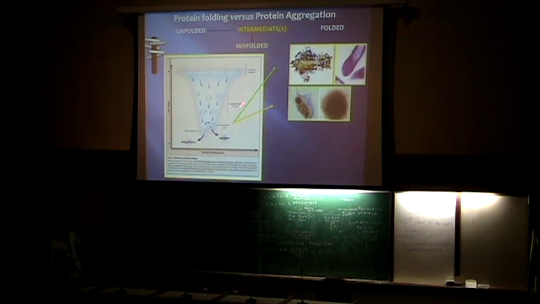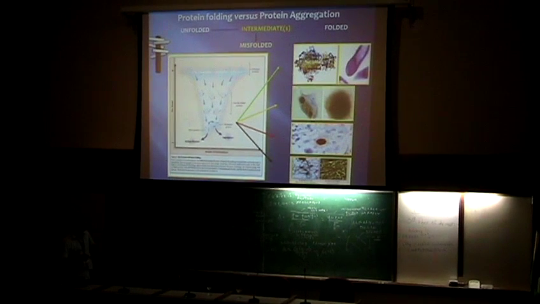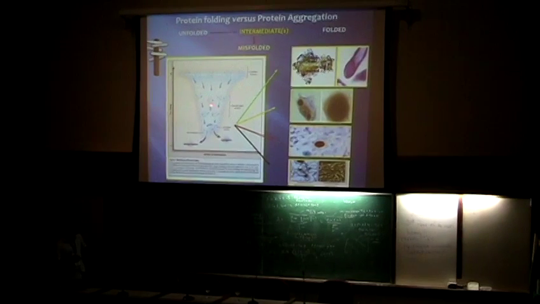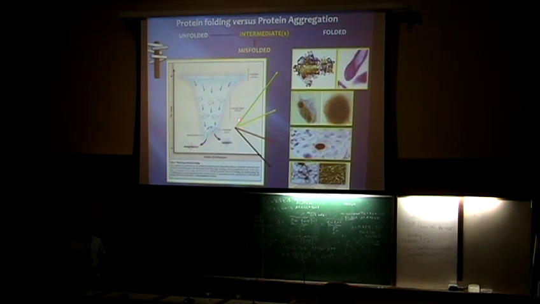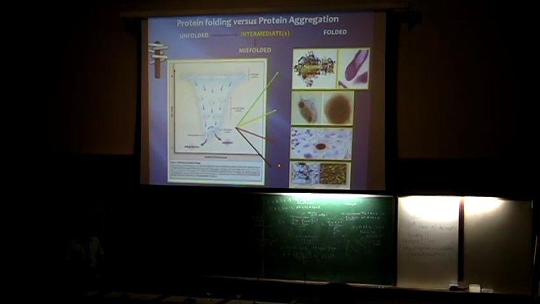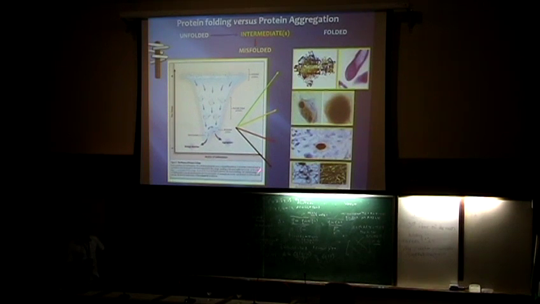In many cases, of course, you have formation of aggregation, so eventually, not for all the cases, but you have intermediates that are stabilized in this folding landscape. And of course, once you have aggregation, and if it becomes irreversible, it goes all the way down, it's like a sink. At some point it's reversible, but at some point it becomes irreversible.